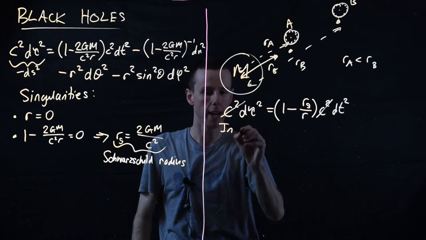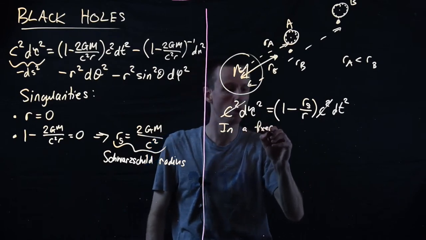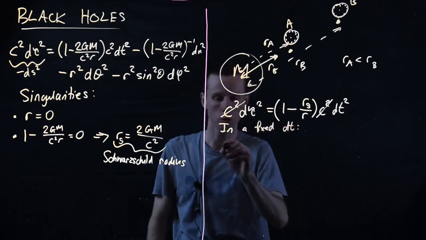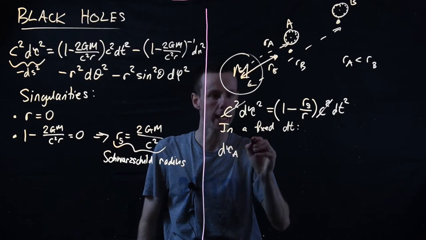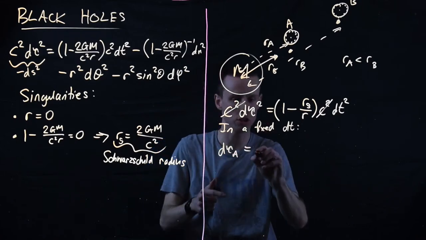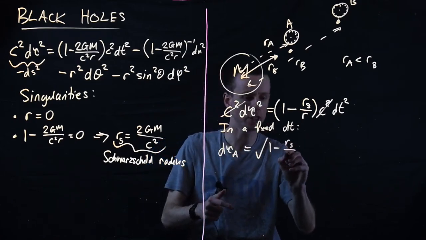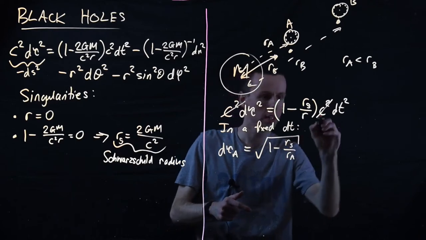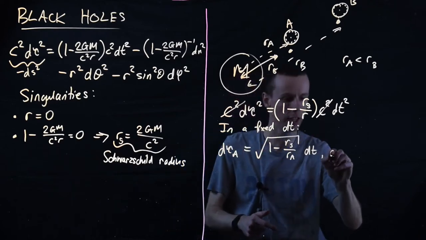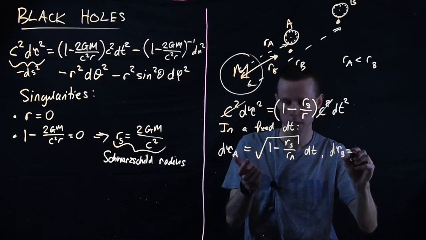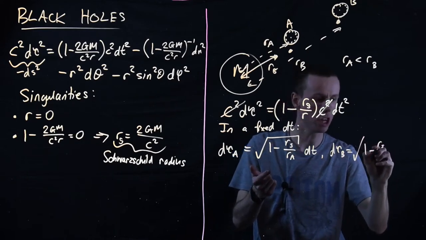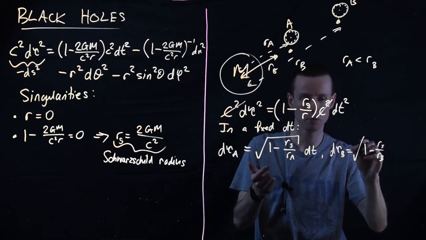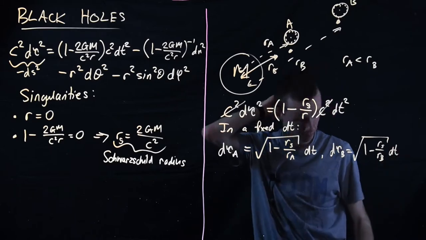So in a fixed coordinate time interval dt, we get that d tau A will be, let's just take the square root across, the square root of 1 minus rs over RA, times dt, which is fixed, and then d tau B, same thing, the square root of 1 minus rs over RB, times dt.